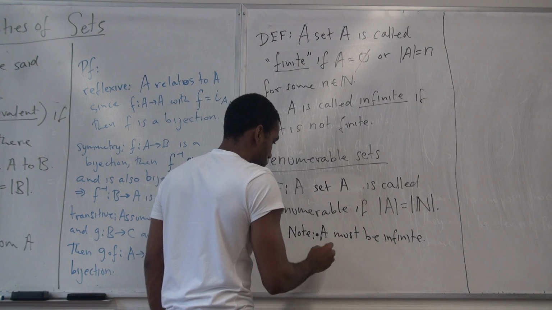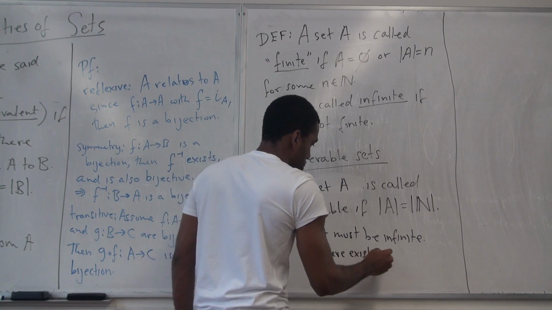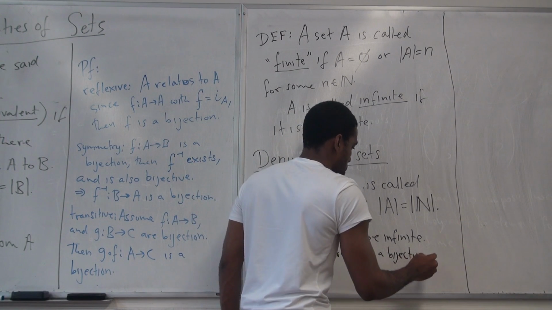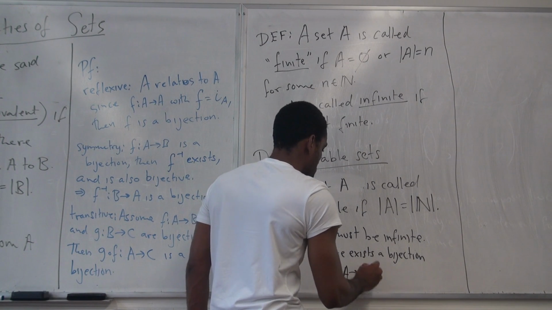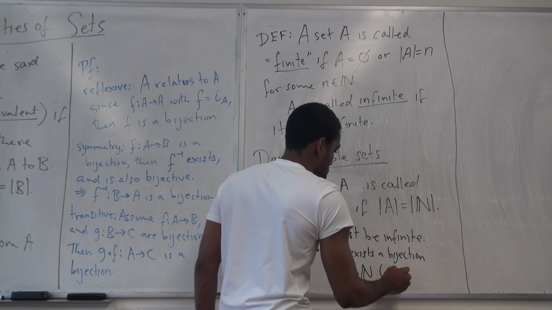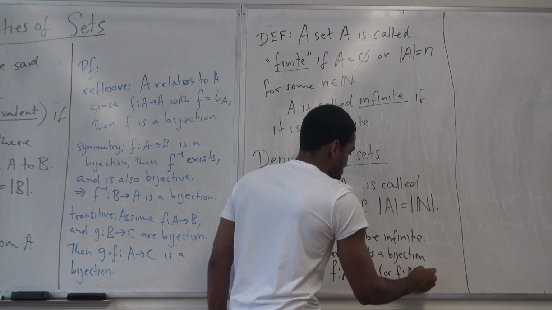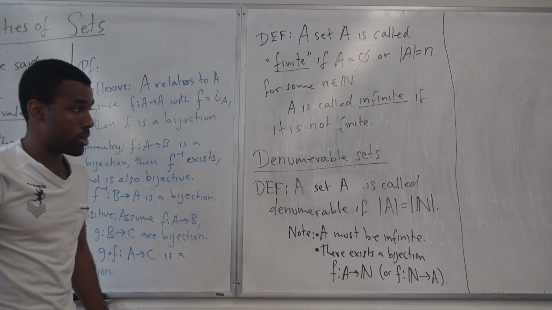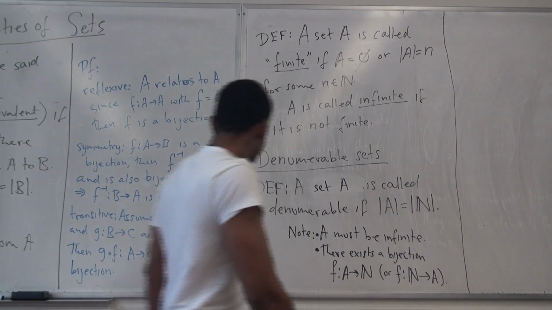Also note, usually going from N to A is an easier way to set up a function, but you can go the other way as well.